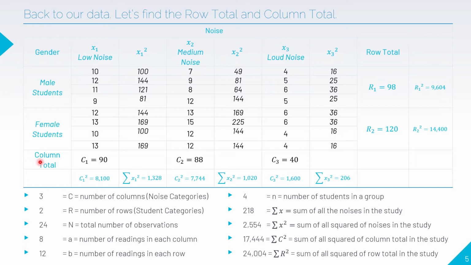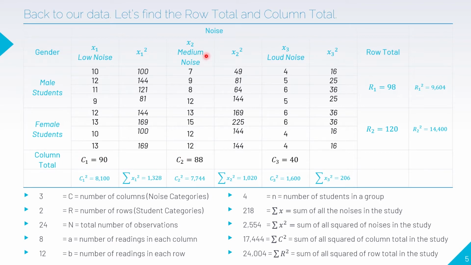In finding the column total, we need to add just the column here. So we have 10 plus 12 plus 11 plus 9 plus 12 plus 13 plus 10 plus 13, and our first column is equal to 90.